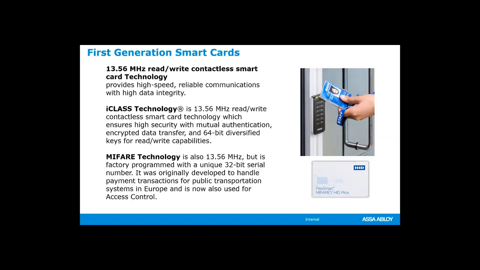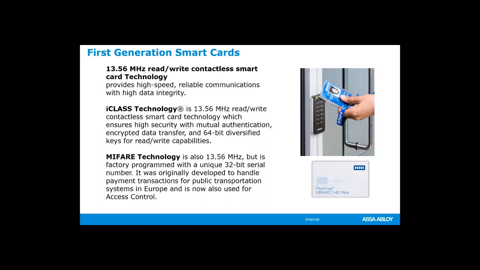The second brand is MIFARE technology, which is also 13.56, but is factory programmed with a unique 32-bit serial number. It was originally developed to handle payment transactions for public transportation systems in Europe. However, nowadays it's used for access control.